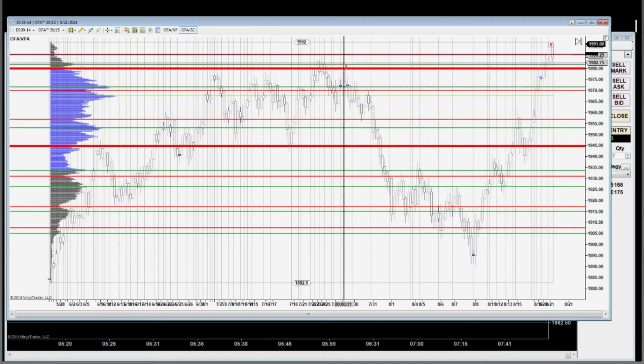I'll look to try to take some off at 82.75, 82.50 out in front of that, and see if this can test down a little bit further down to 1980. So one of my first conditions, and my if-then, revolves around this 86.50 as well as up at that 89.50.